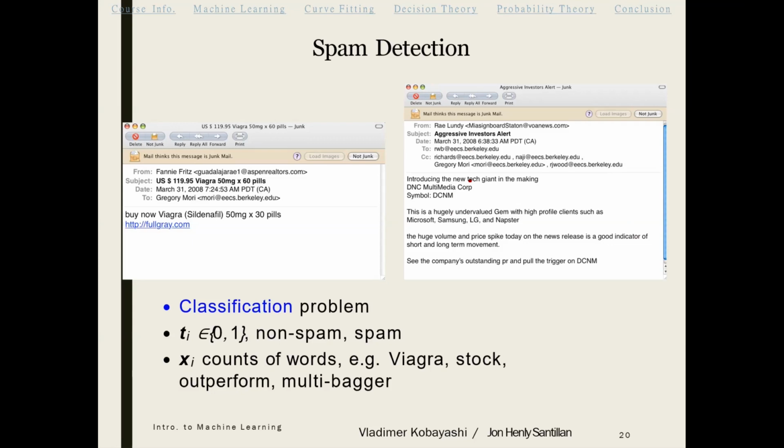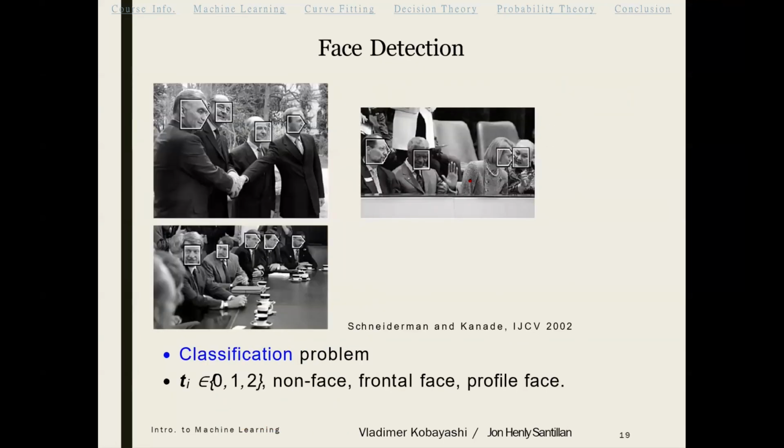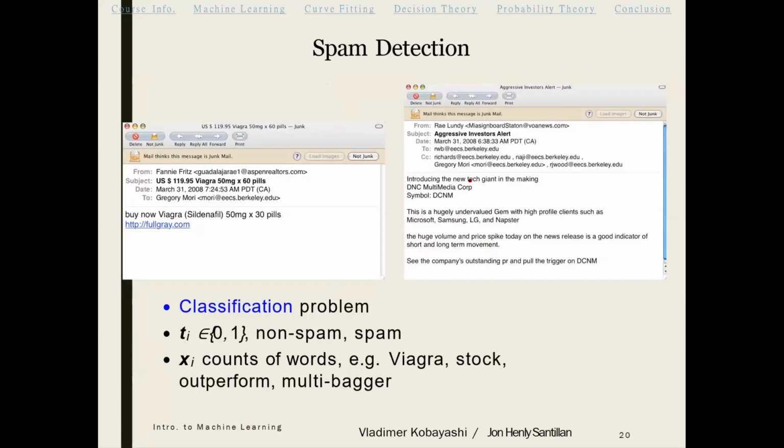Okay? So yan is napakaraming application ng machine learning. Iba-iba, from email, from recognition, to detection, to classification using text lang. So, but the main idea here is how do you represent these objects?